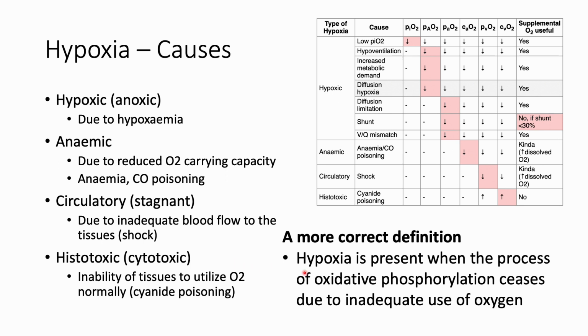This is a more technically correct definition, but to me it's actually less useful because it sounds very airy-fairy, doesn't it? Inadequate use of oxygen, what does that actually mean? Whereas low tissue oxygen levels, that intuitively has more meaning to it. So for exam purposes, what I'd recommend is to stick with our original definition, but just have an asterisk next to it to say that histotoxic hypoxia doesn't fit into that definition.